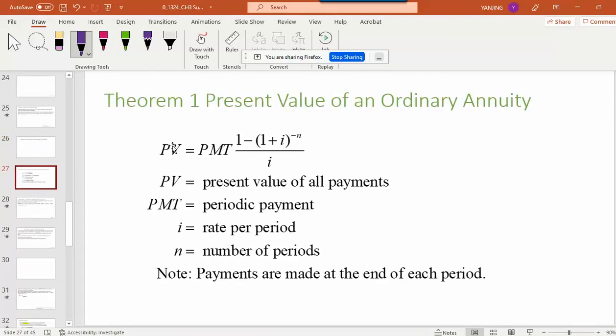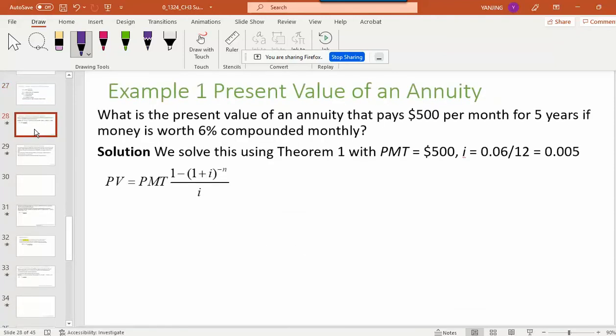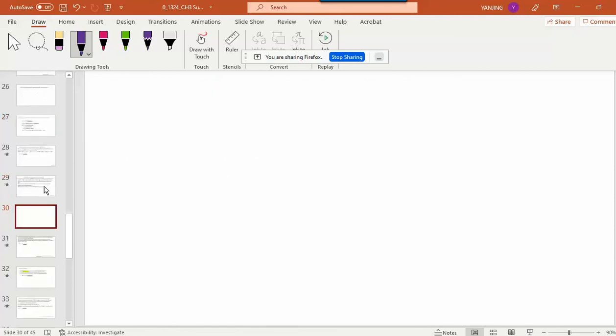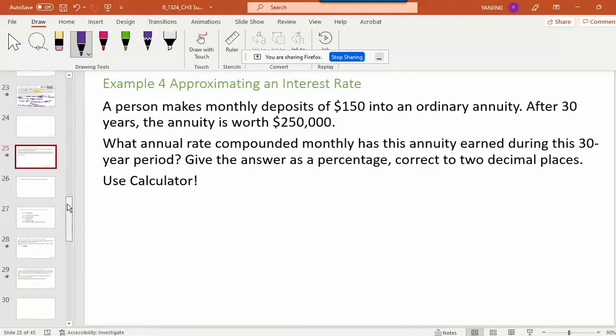Amortization is kind of... all right, there's another example about an annuity here.